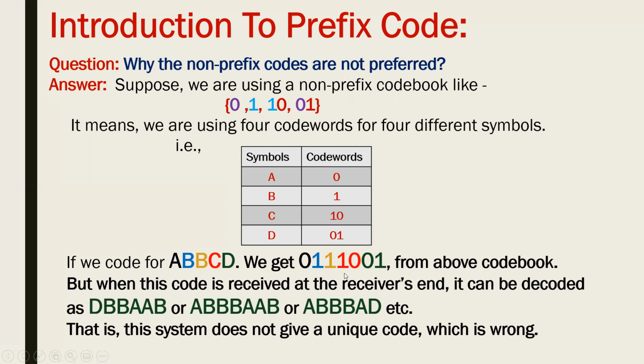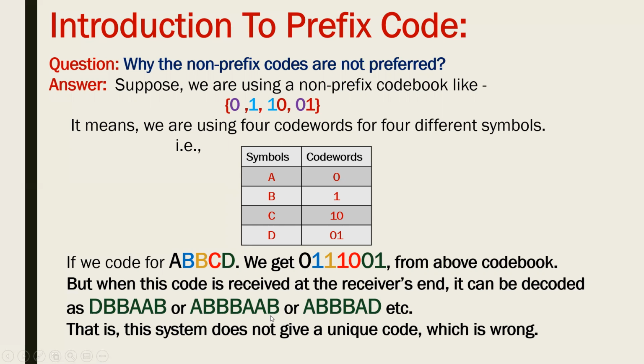Some examples given here are D double B double AB, A triple B double AB, or A triple B AD. If we consider these two bits 01, then we decode D. But if we consider only 0, then we decode A. So there is also confusion from the first bit to the last bit.